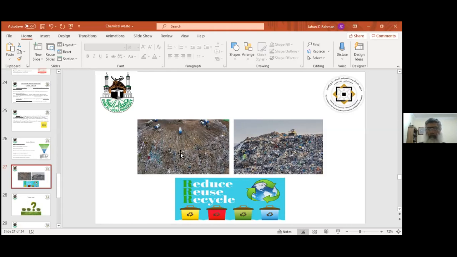Otherwise, our elders gave us 2 or 3 or 200 or 300 garbage dumps, and at the speed with which we are consuming the world's resources, we will give our generations almost half of the world as garbage dumps, because 70% of the earth is already water. The remaining 30%, we are living on.